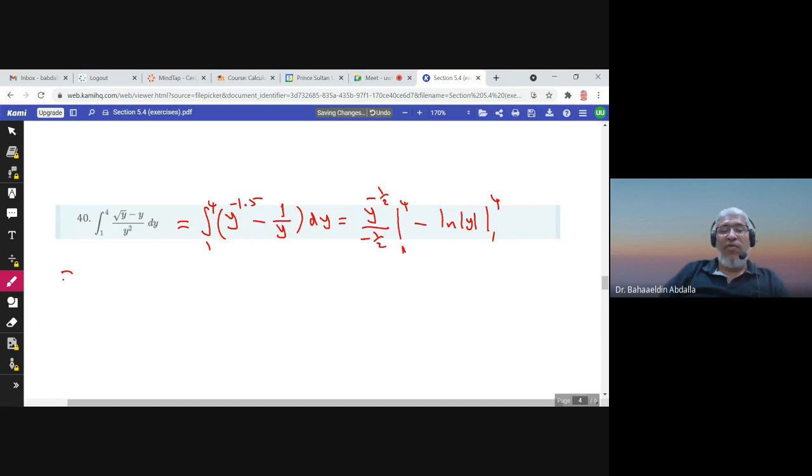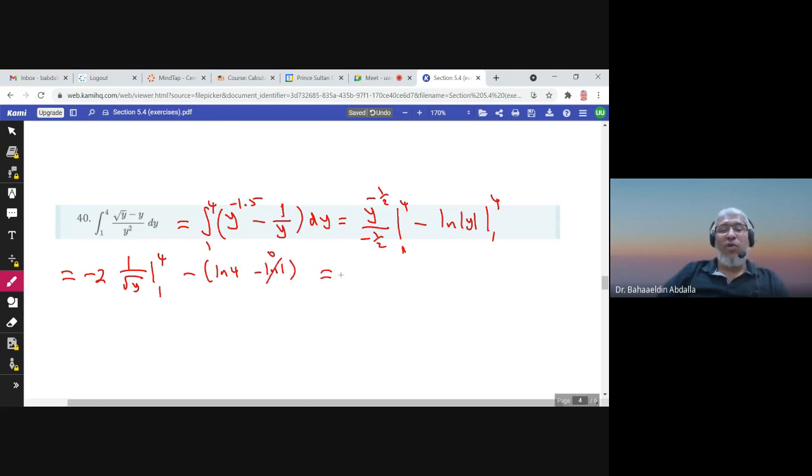So I will have this one comes up as negative 2, and I will write this 1 over square root of y from 1 to 4. And here I have ln 4 minus ln 1, which is 0.